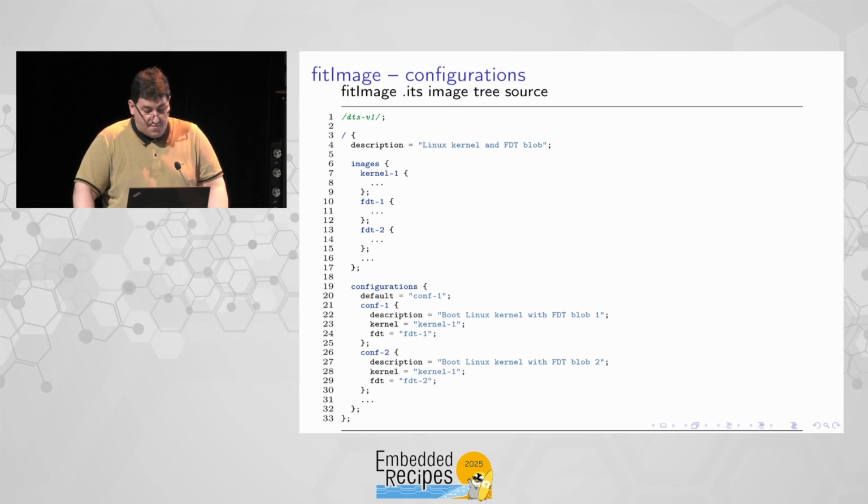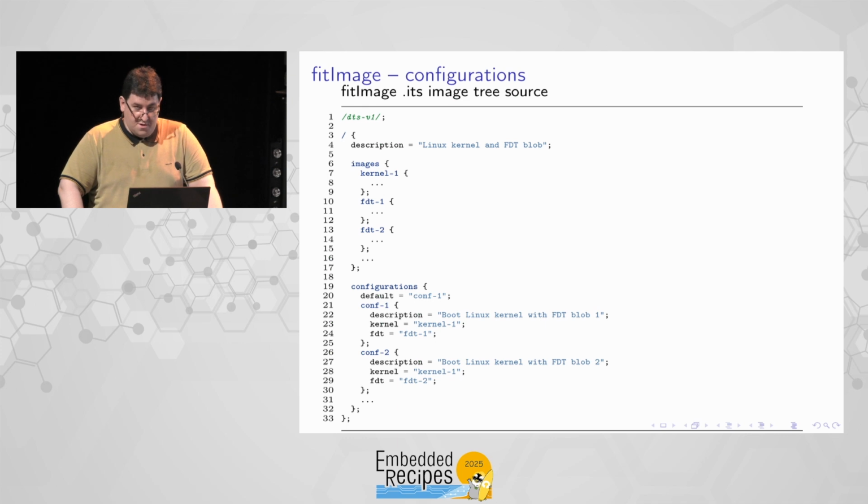But there is another thing, which is configurations. That's the other half of the fit image. The configurations put all these images in the fit image together in a meaningful configuration. It allows the user to select which of the images in the fit image fit together, and to boot this specific configuration.